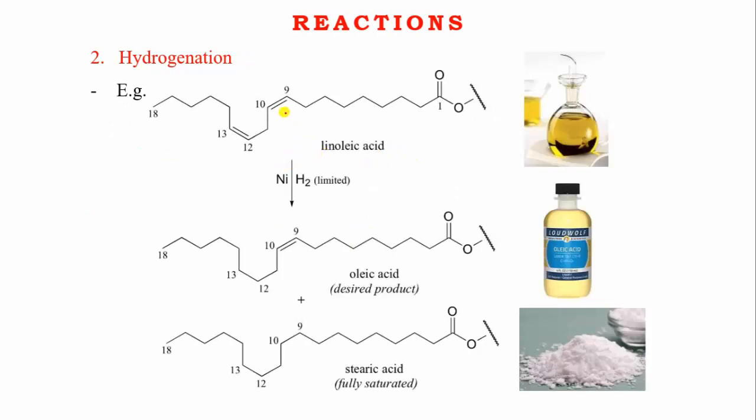In this linoleic acid, you can find two double bonds, between 9 and 10 and 12 and 13. So in partial hydrogenation, only oleic acid is formed, meaning only one double bond is converted to a single bond.